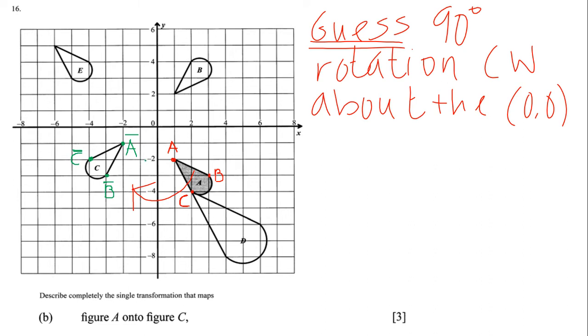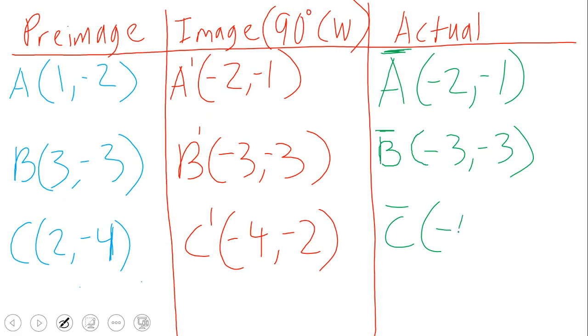Very good. So what does that tell us? I guess our guess was right. So our image, when we rotate it 90 degrees clockwise, corresponds to what we actually have.